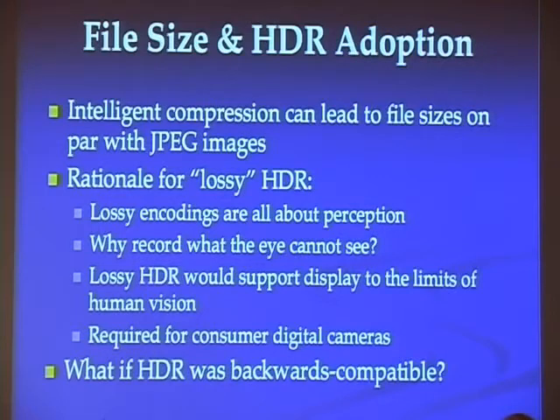Lossy encodings are all about perception, and HDR is also all about perception. There's not much point in recording what the eye can't see, especially if you don't have the space to do it. And we want our lossy HDR to support imagery to the extent the eye is capable of perceiving it. And it's really a requirement for consumer digital cameras as well as web sharing, I think. I mean, I love being able to send people HDR JPEGs as email attachments, which I never could do before.